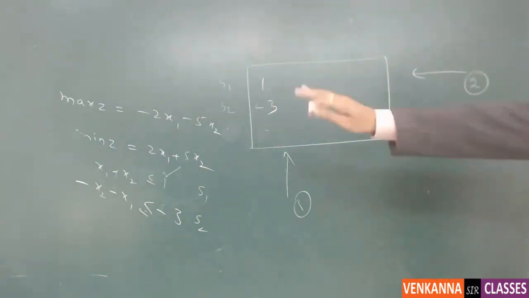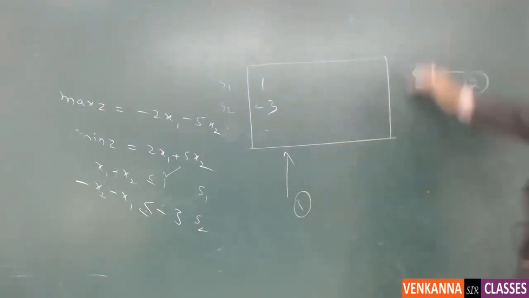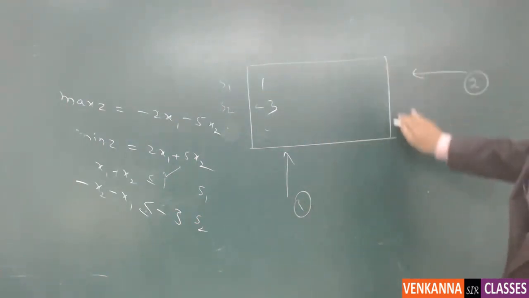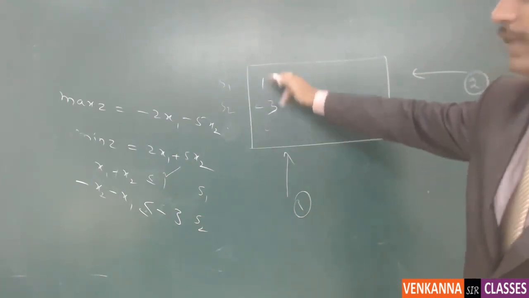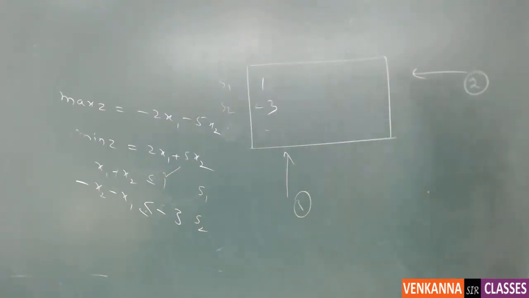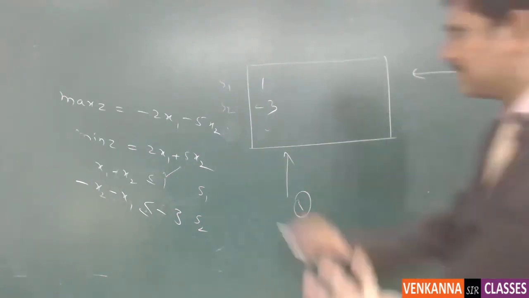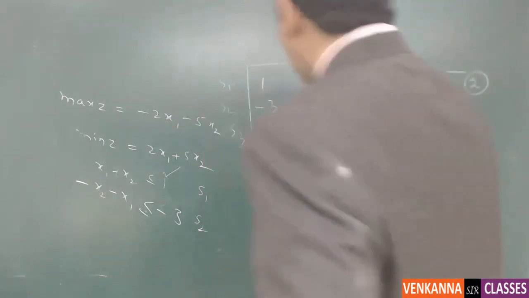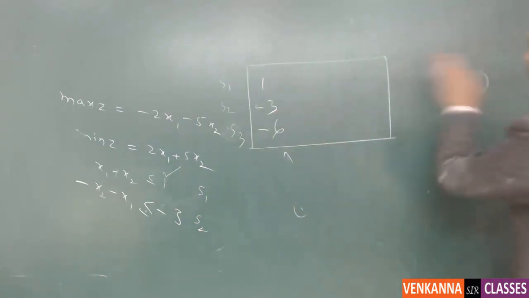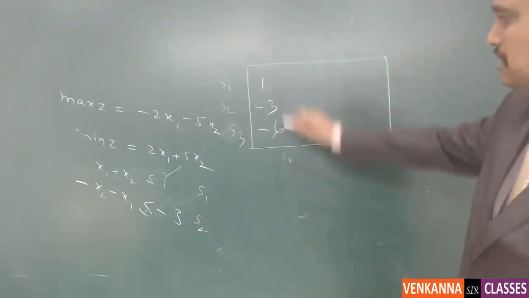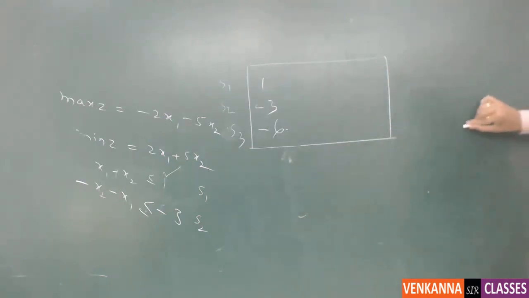So as and when you apply the simplex method, in the solution part always you have positive values. But in dual simplex, in the solution part you will have negative values also. While performing the iterations, suppose I have solution values like this: 1, -3, -6. I go with the highest negative one. So first I select the row.